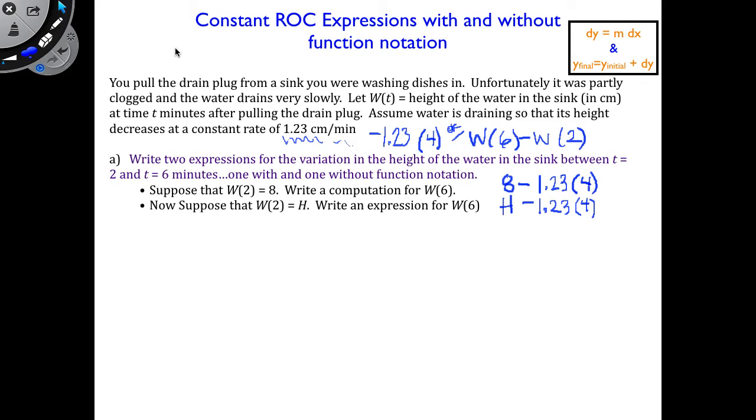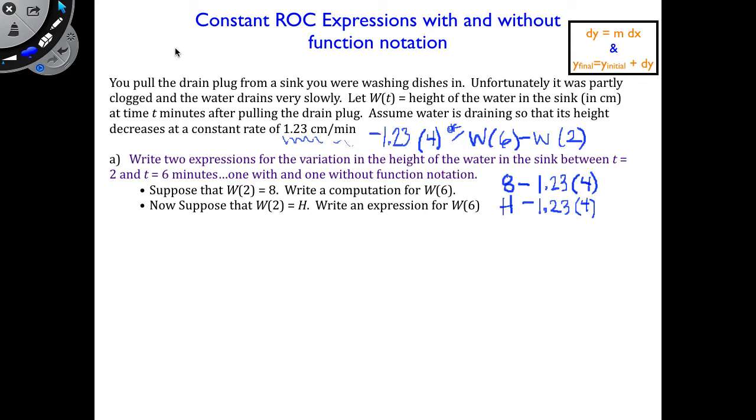Also, y final is y initial plus dy. If I need to know a particular height at some point in time in the future, as long as I have a starting point, all I have to do is append that amount of change, dy, which I can express just using y values, or dy, remember, is the same as m dx. So I can even combine these. If you want to think of it like substitution, y final is y initial plus m dx.